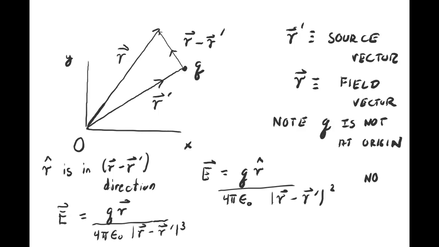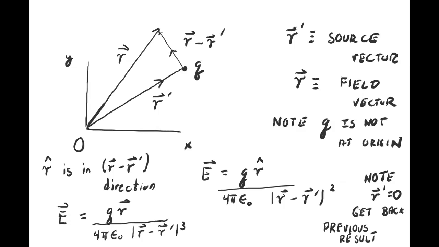And again, we use this idea of limiting cases. Note that in fact, if R prime were 0, you would get back the previous result. And then you get the same result that you would expect if the charge were at the origin.